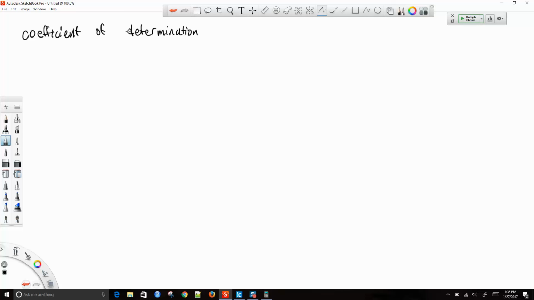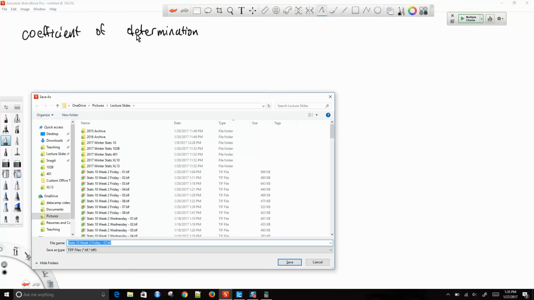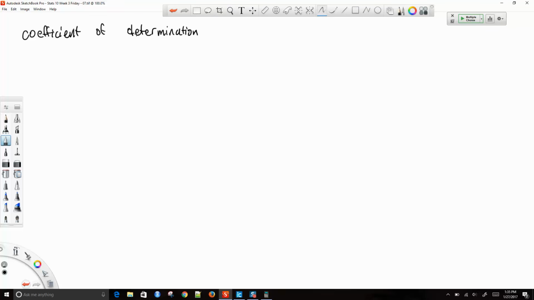Few people, even few statisticians, refer to it by its full name. We just call it R squared. R squared is a loose measure to tell us how good our fit is.